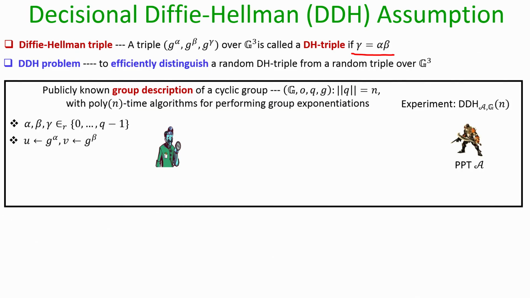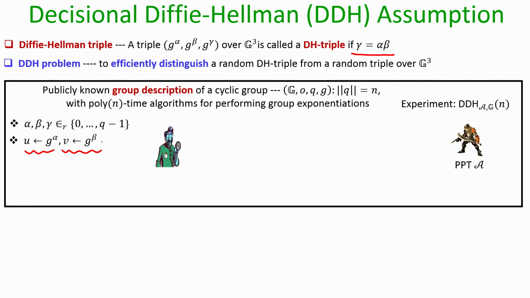And the challenge for the adversary is prepared as follows. The challenger picks some random indices alpha, beta, gamma uniformly randomly in the set 0 to q minus 1 and computes the first two components of the triplet which is going to be thrown as a challenge to the adversary. Namely, u is computed as g to the power alpha and v is computed as g to the power beta.